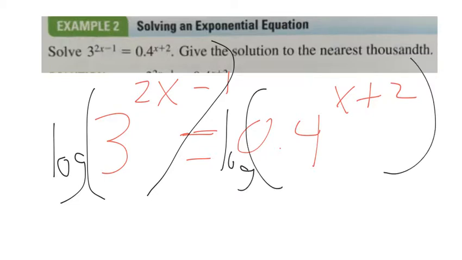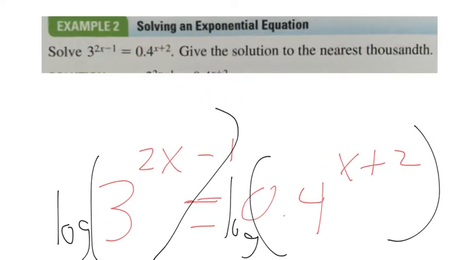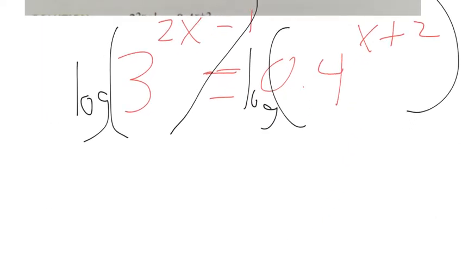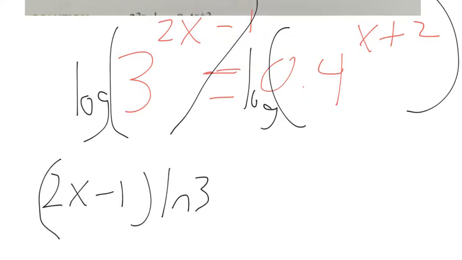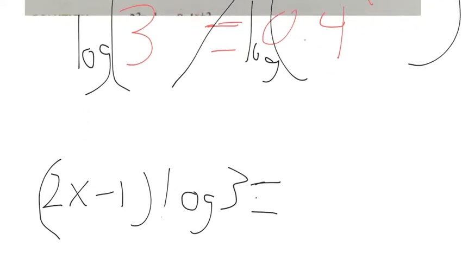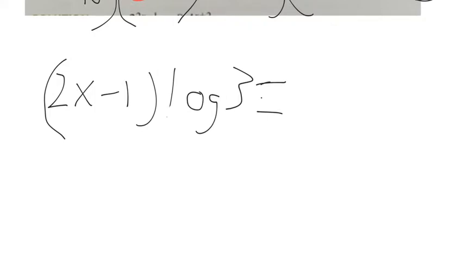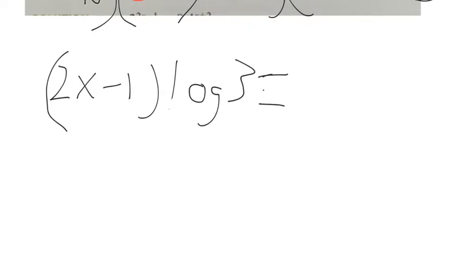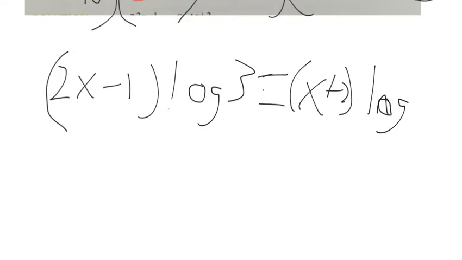Do common log of both sides and you get 2x minus 1, move the exponent in front, times common log of 3, equals x plus 2 times common log of 0.4.